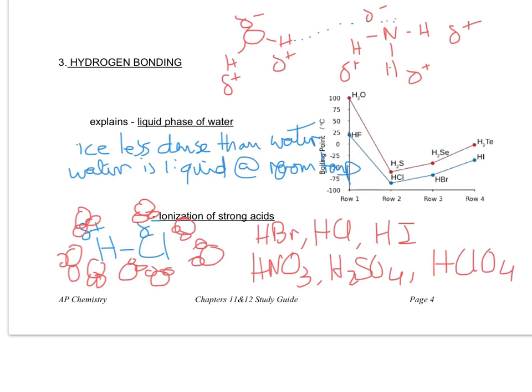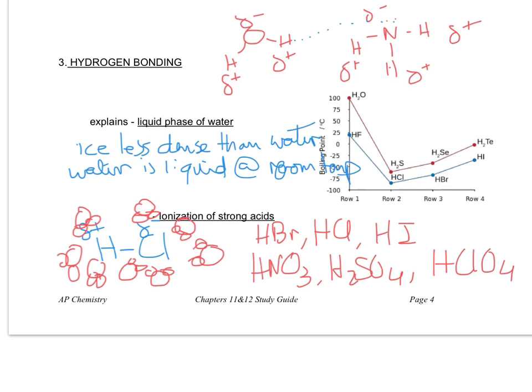One last thing to look at on this page here is this graph. So this is showing hydrogen bonding. H2O and HF both have hydrogen bonding. If you look at very similar molecules that have hydrogen with other elements in the same group as oxygen or in the same group as fluorine, these are their boiling points.